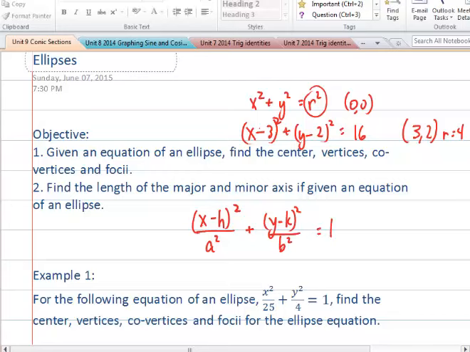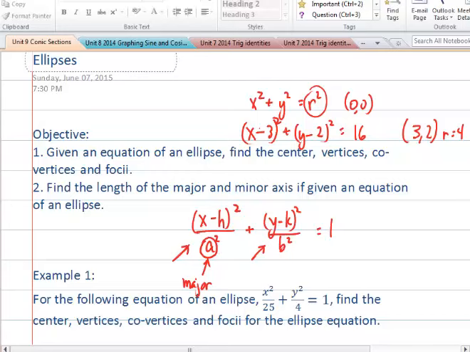Now, this may vary, but basically the major axis is going to be the larger number. A will always be the major axis. Whichever term, whether it be the first term or the second term, has the larger denominator, that will be the a value squared.